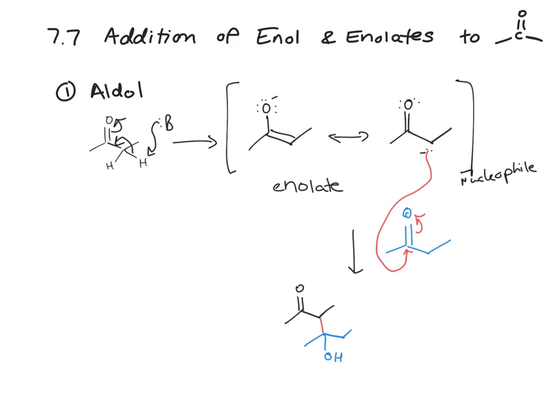And so I've drawn in red what the new carbon-carbon bond is. And this would be after protonation at the oxygen. And so this is what we would call an aldol addition. These things can be acid or base catalyzed, and they are reversible reactions.